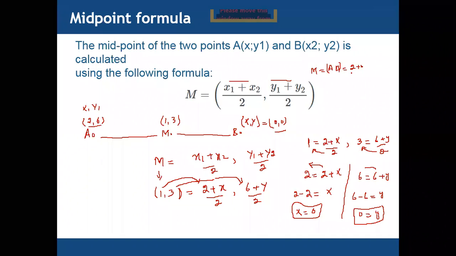What about the next one? We have 6 and this one is 0, so 6 plus 0 divided by 2. So the midpoint between A and B is 2 plus 0, 2 divided by 2, and 6 plus 0, 6 divided by 2. So 2 divided by 2 is 1 and 6 divided by 2 is 3. So this is actually your midpoint, so your result is correct. Great, excellent.